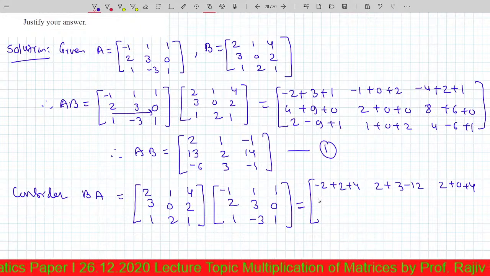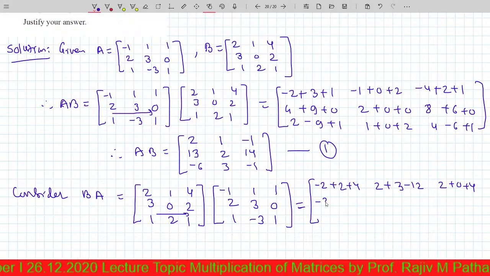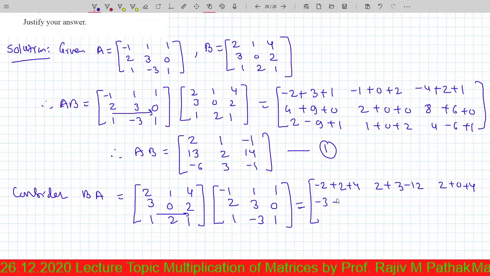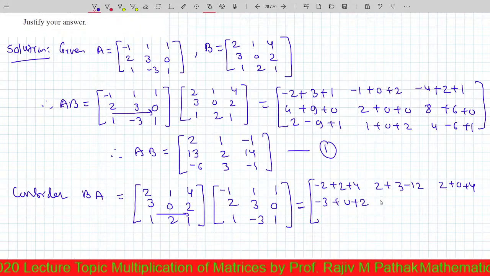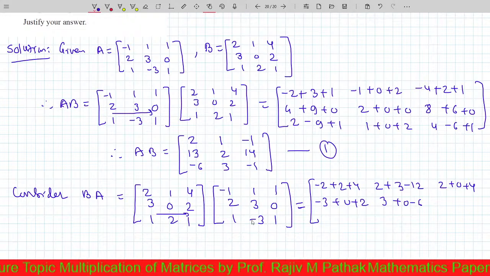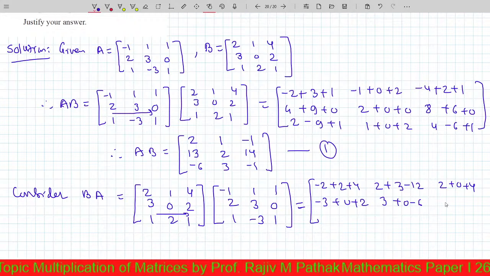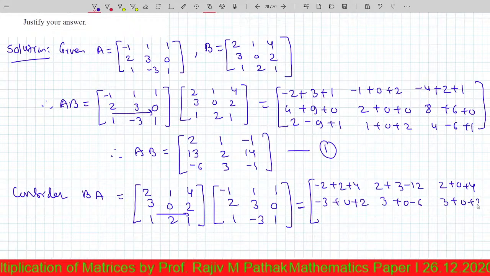Okay, then second row with first column. So 3 into -1 is -3, 0, 2. Okay, do this very carefully. 3 into 3 is 3, plus 0, minus 6. Okay, 2 into -3 is -6. Then 3 into 1 is 3, 0, 2.